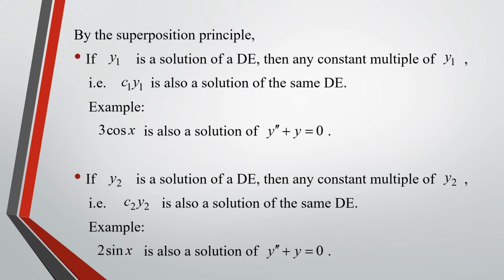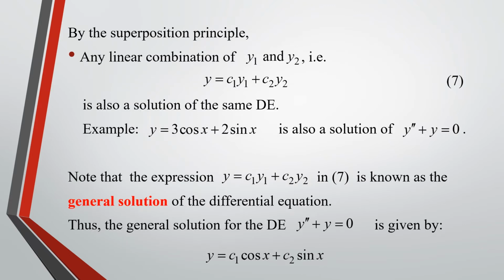The next thing about the superposition principle is it says that any linear combination of y1 and y2, that is y equal to c1y1 plus c2y2, is also a solution of the same differential equation. In the previous example, we have discussed that if we multiply y1 by a constant, and if we multiply y2 by a constant, they are solutions of the same DE.